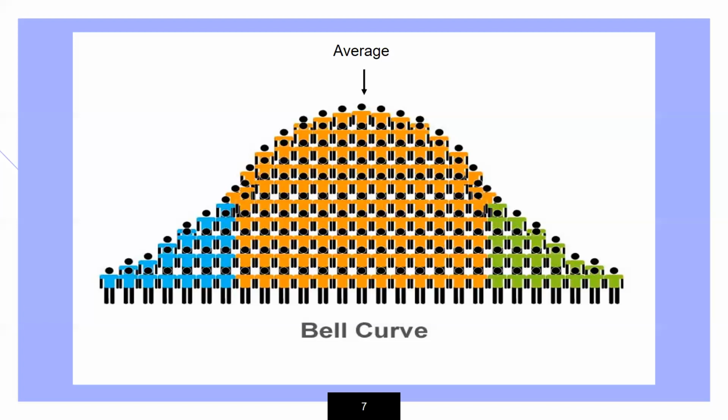We know this to be true much more than just academics. If we were to think about the weather, there's much more average temperatures than there are extreme ones. Or if we think about athletes, there's much more average athletes than exceptional ones.